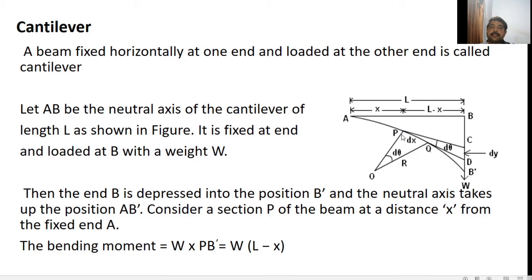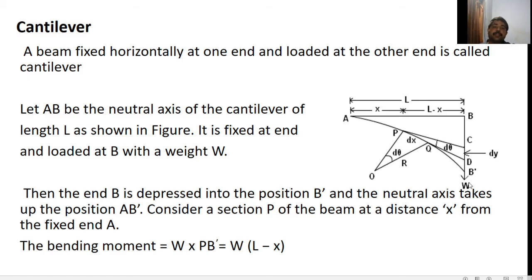Now let us consider the point P, which is at a distance x from the fixed end A. The bending moment is equal to omega into (L minus x). That is because, from the definition, the bending moment is equal to force into perpendicular distance from the axis of rotation.